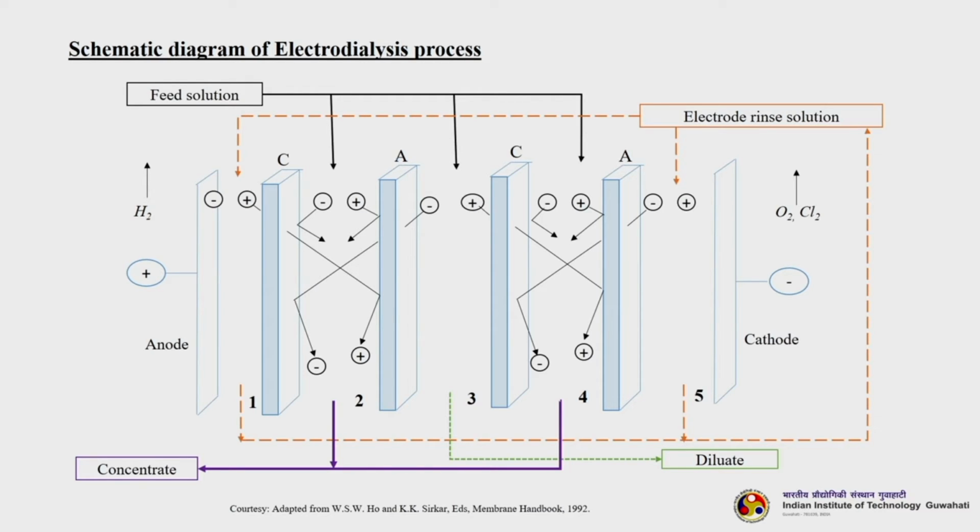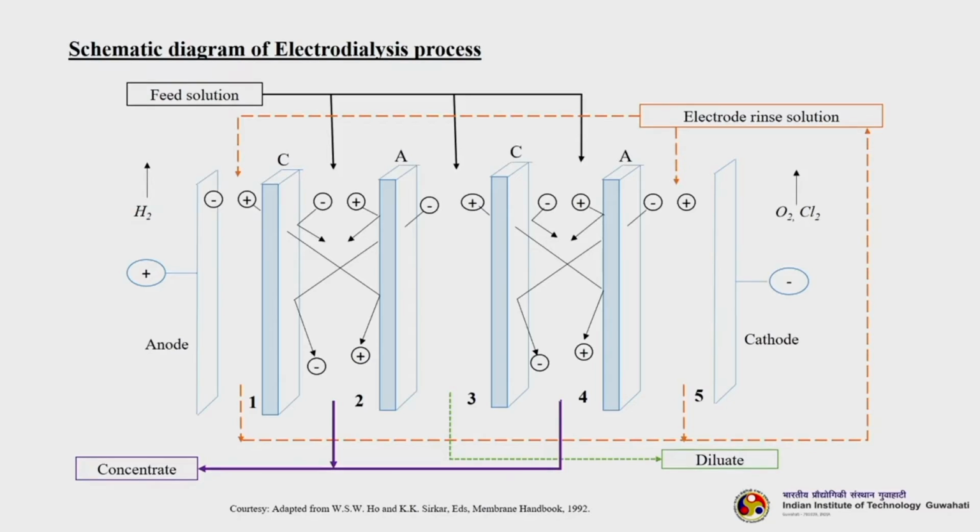In the ED process, a stack means one cation exchange membrane, one anion exchange membrane, and then the cathode and anode. In between we can have many cation exchange membranes and anion exchange membranes. Here I have shown you 4: 2 cation exchange membranes and 2 anion exchange membranes arranged in series like this. Then your feed solution is being circulated here.